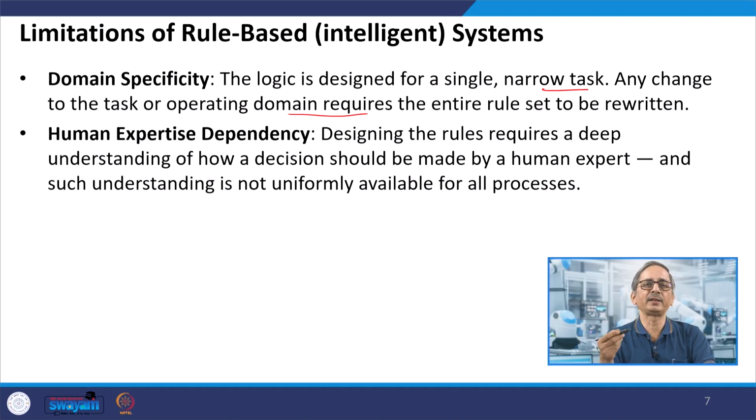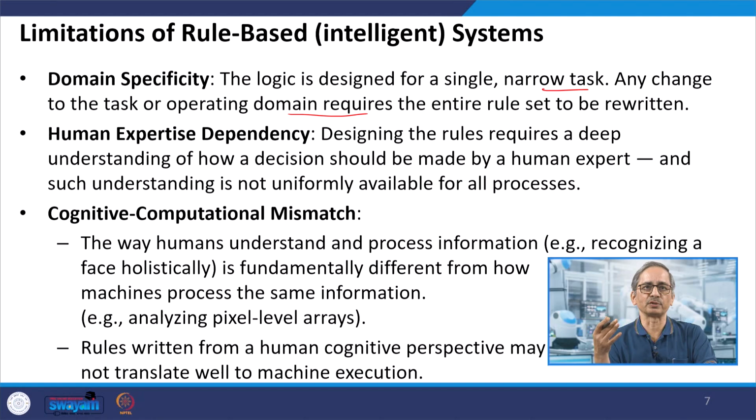The other limitation is human experience dependency. That is, designing the rule depends on a deep understanding of how a decision should be made by the human. So, it is dependent on human expertise. If the human is not very expert, then it may have issues, right.